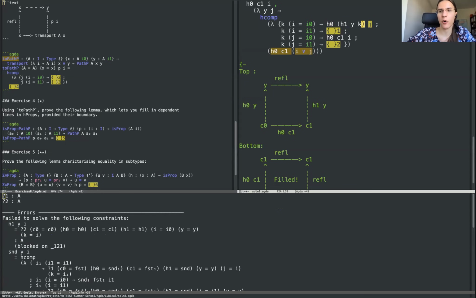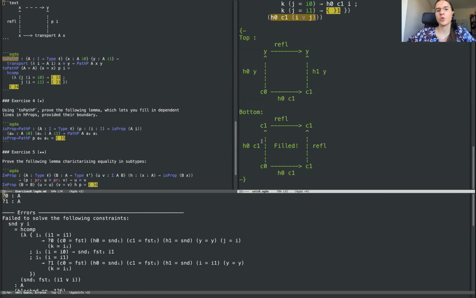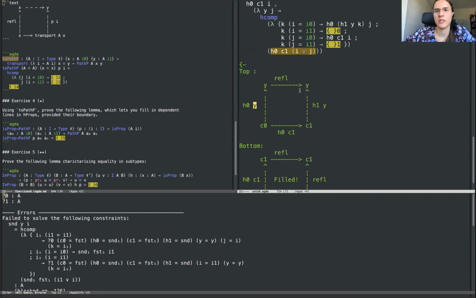So this is the appropriate filler for this side, right? You sort of are changing this c1 into a y. That's what you're doing as you go upwards, right? Now, let's just consider what that expression is right here at this boundary point, because that suggests what the top filler should be.